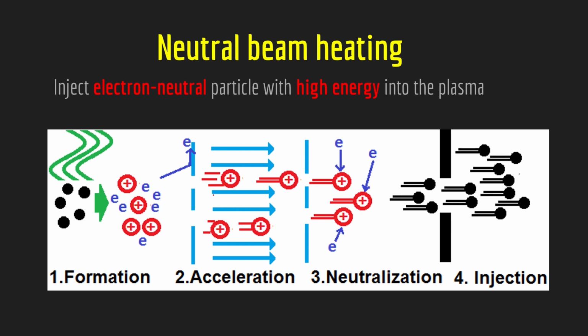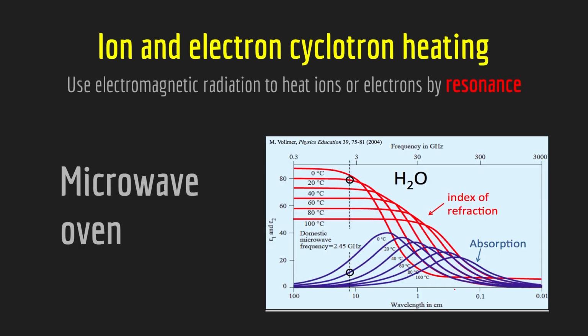Thus, we can accelerate it in an electric field, and this is the second step. And before we inject it into the plasma, we must neutralize the positively charged particles, and then we can inject it.